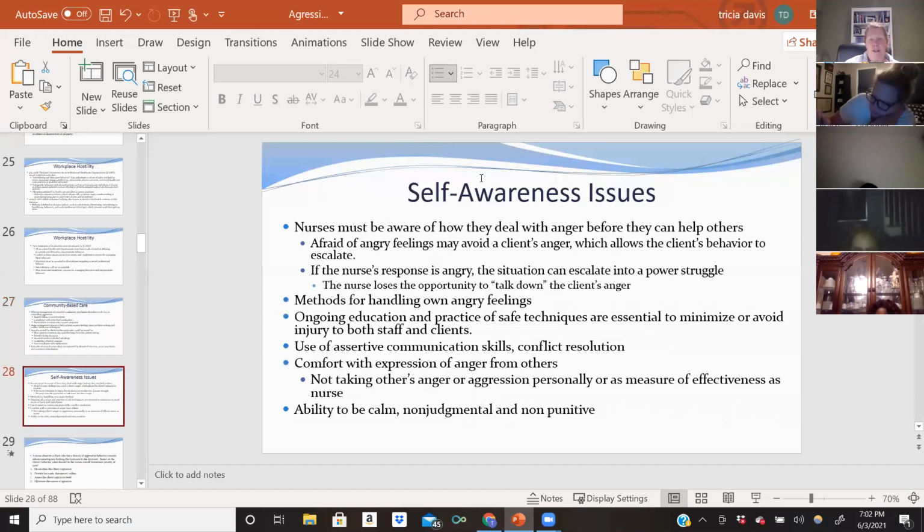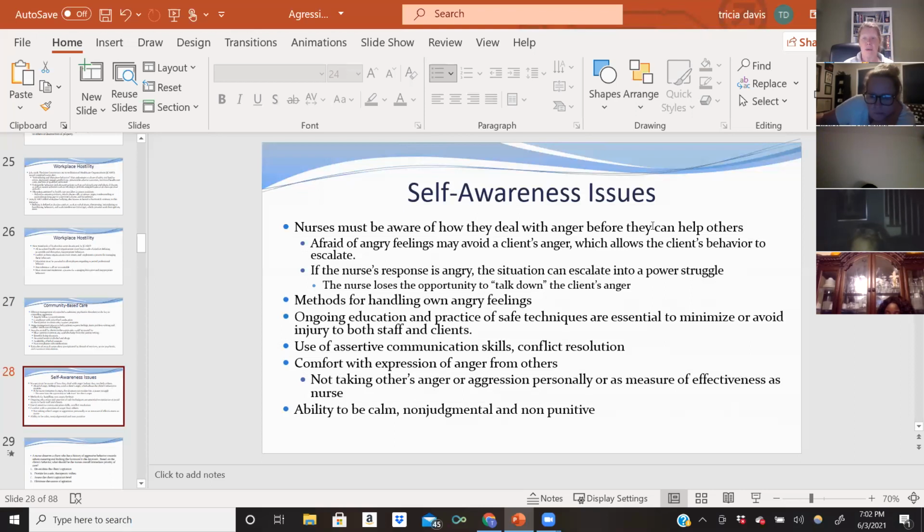So, self-awareness. The nurse has to be aware of how they deal with anger before we can help other people. If we are afraid of angry feelings, we may avoid clients when they become angry. If we avoid them, that allows the client's behavior to escalate, and it lets the patient know on a subconscious level that we're tolerating that behavior because we're avoiding it.